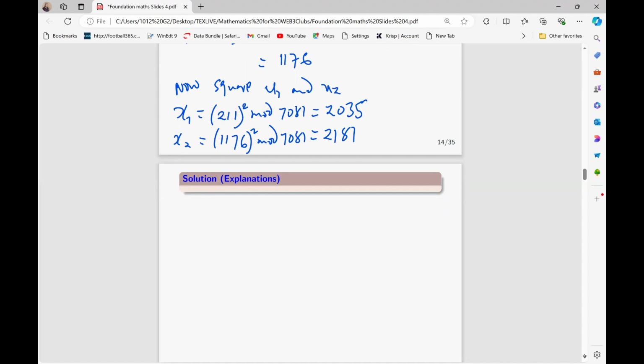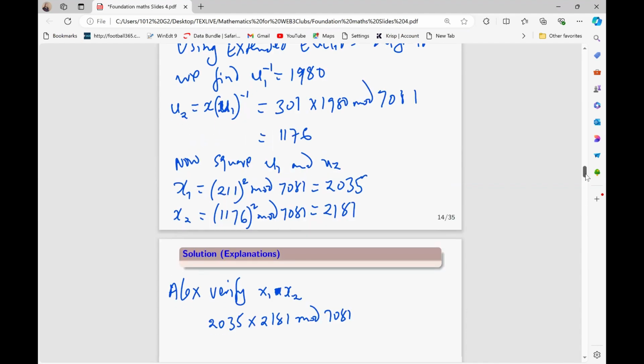So Alex now verifies that what you are doing is correct. He multiplies x1 times x2, that is 2035 times 2181, mod 7081. Yes, it was 7081.